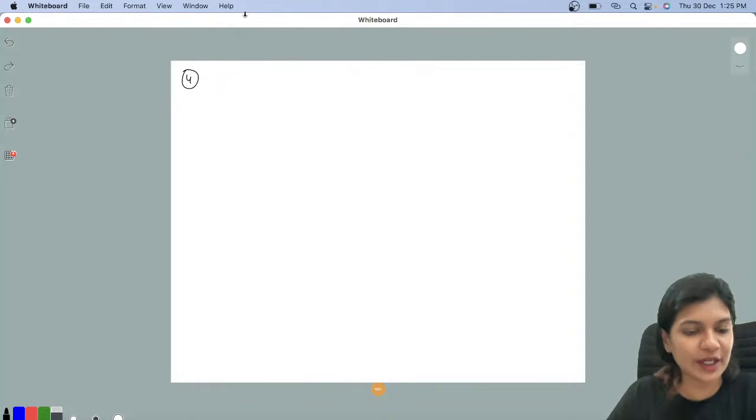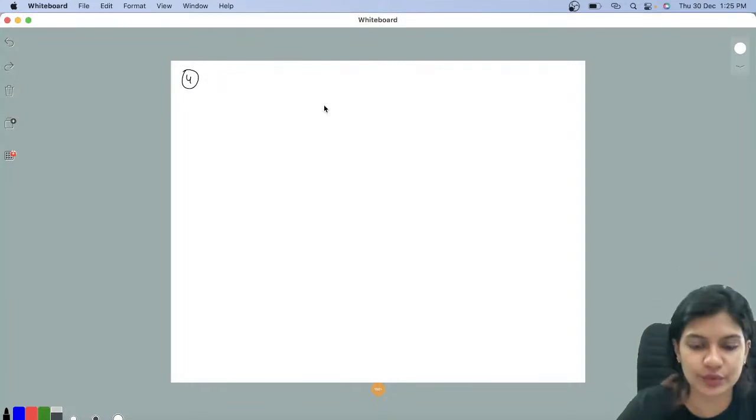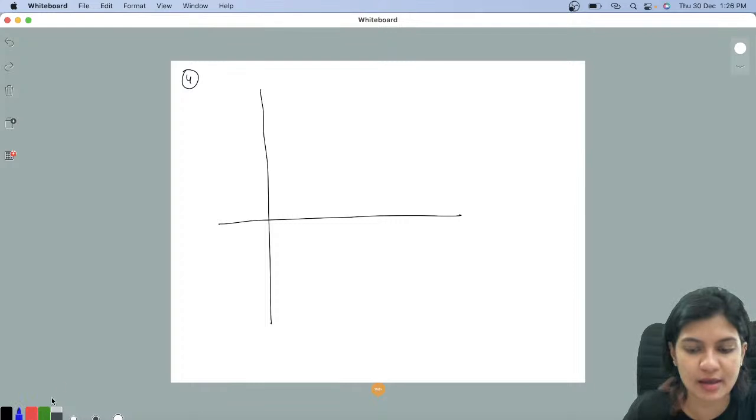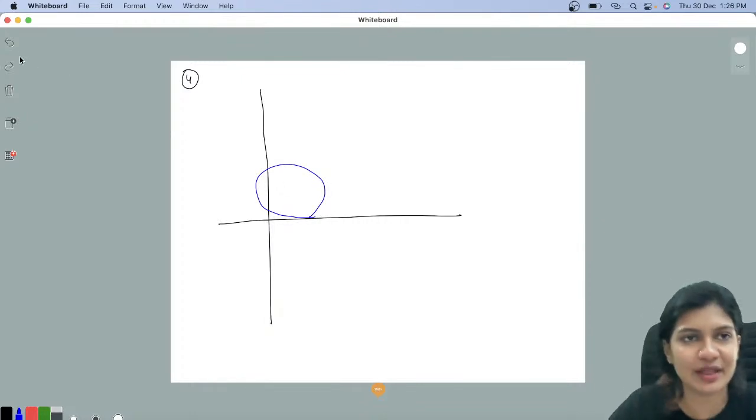So, if I'm considering the fourth question, let me draw the figure for you. I have a figure: y-axis, x-axis, circle.